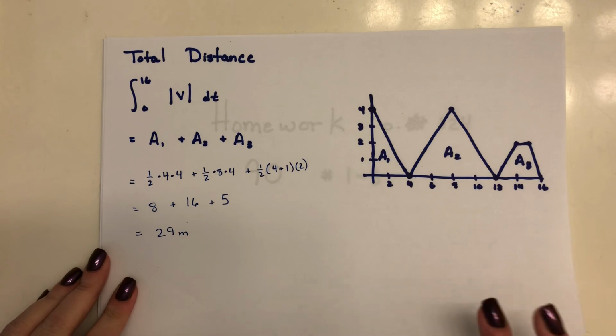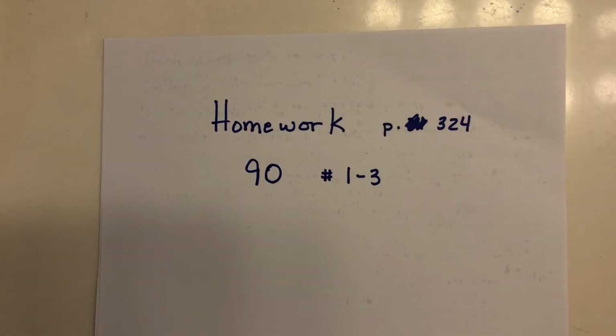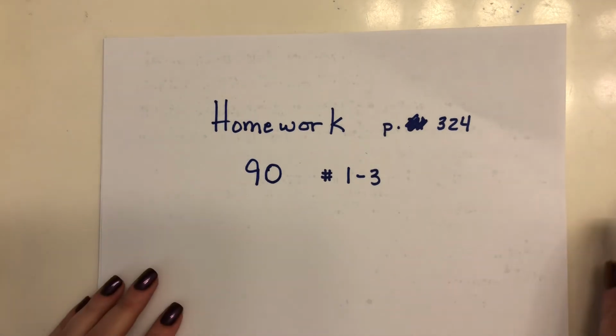All right, so at this point, homework time. So your homework can be found on page 324. It's 9-0, numbers 1 through 3. Okay, so 1, 2, and 3. Let me pull the book over so we can take a quick look at it.